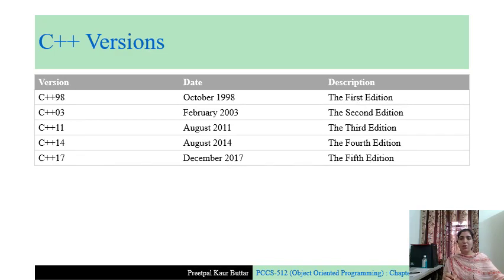The third edition, C++11, was released in August 2011. In August 2014, C++14, the fourth edition of C++, was released. And the fifth edition, C++17, was released in December 2017. C++20 is also on the way.